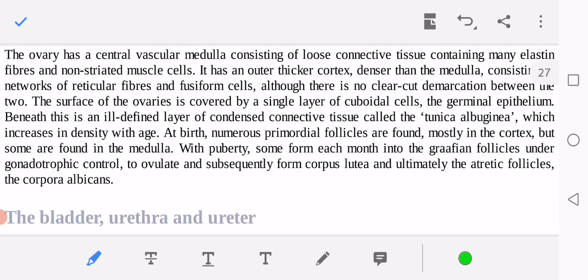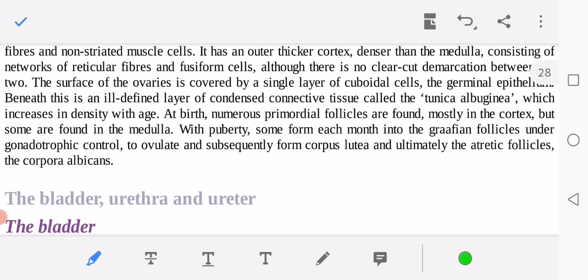fibers and non-striated muscle cells, and it has an outer thicker cortex denser than the medulla, consisting of a network of reticular fibers and fusiform cells, although there is no clear-cut demarcation between the two. The surface of the ovary is covered by a single layer of cuboidal cells, the germinal epithelium, and beneath this is an ill-defined layer of condensed connective tissue called the tunica albuginea, which increases in density with age.